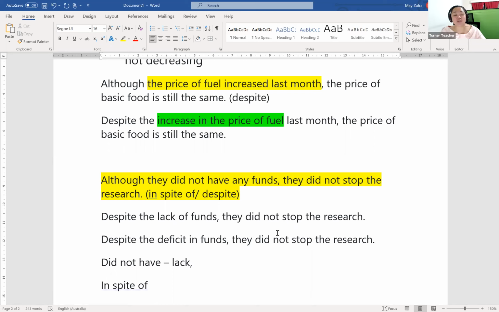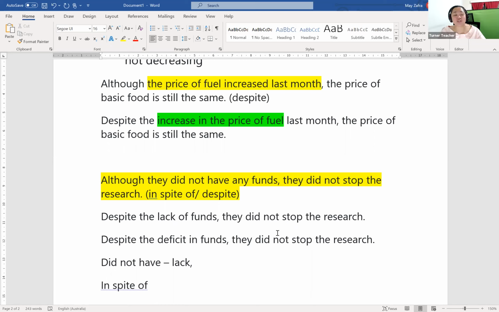I'm confused when I have to use despite. So despite, it has to be followed by a noun. Yes, Leda, despite has to be followed by a noun.